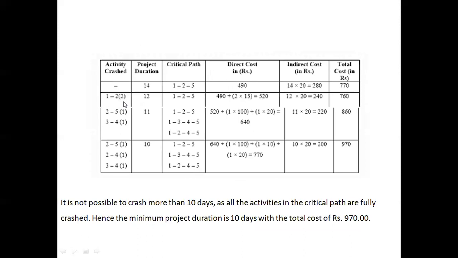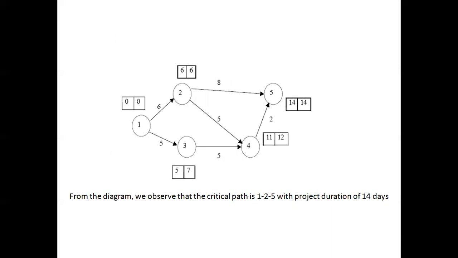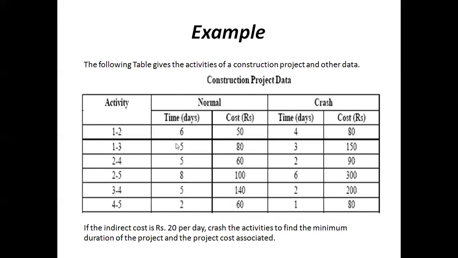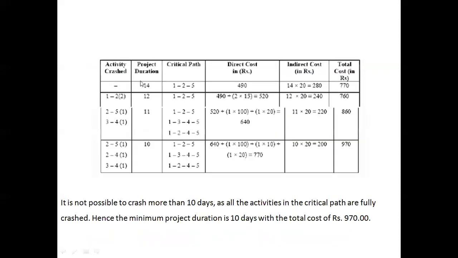The normal duration of this activity is 6 and it can be crashed to 4 days, so the maximum crashing time available is 2 days. Let us crash this activity by 2 days. The 2 in the bracket means it is crashed by 2.